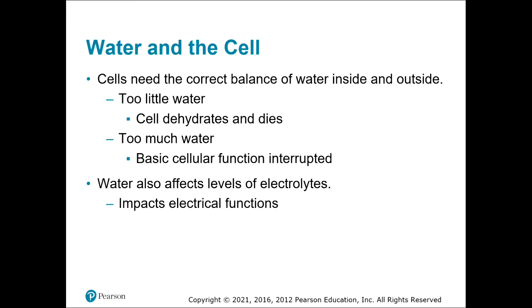Electrolytes. Can anybody tell me what an electrolyte is? So an electrolyte, according to the definition, is a chemical that when dissolved in water creates a charged ion that carries an electrical charge.